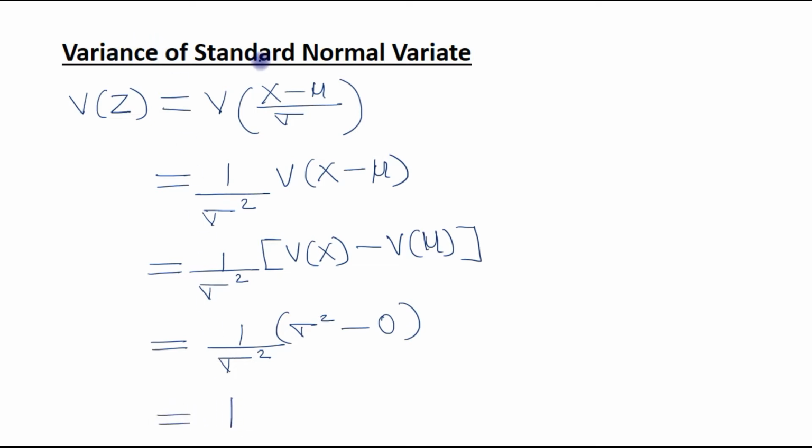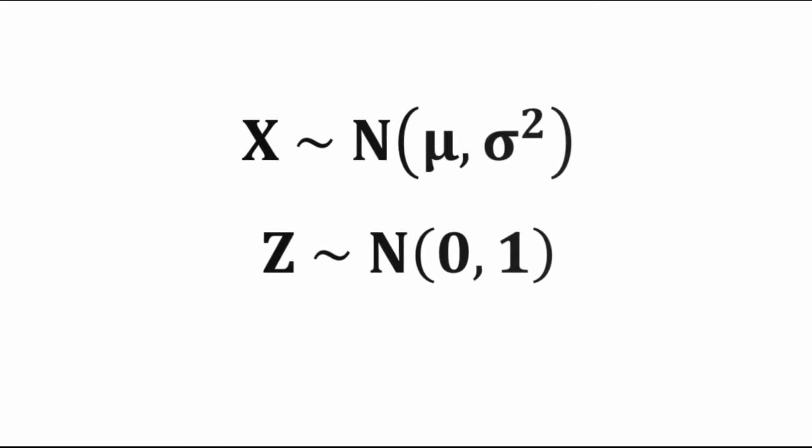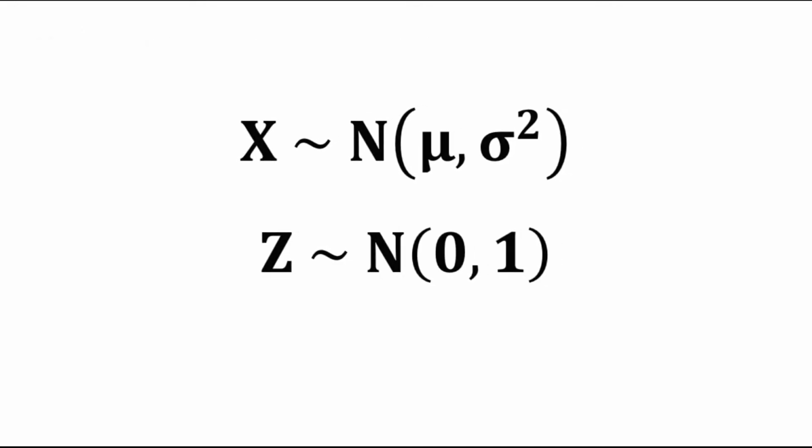So the variance of standard normal variate is 1. We can write in this way that x follows normal distribution with mean mu and variance sigma square, and z follows normal distribution with mean 0 and variance 1.